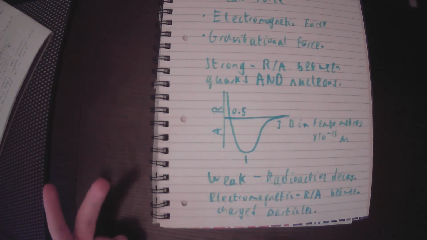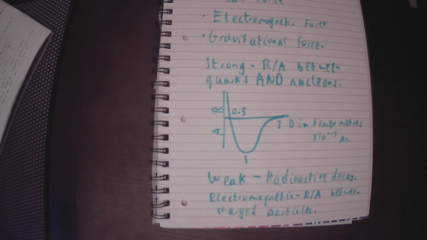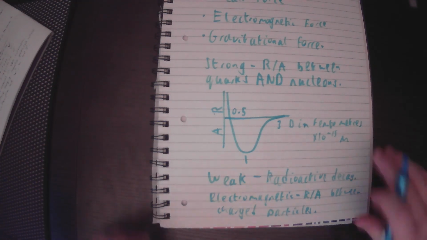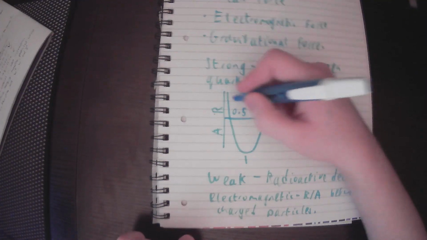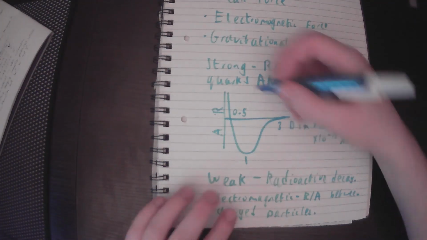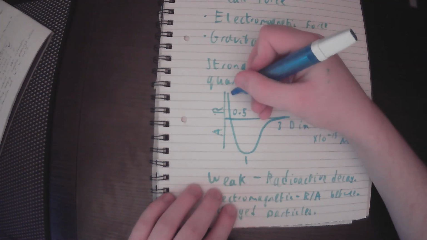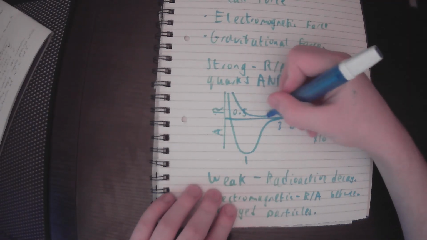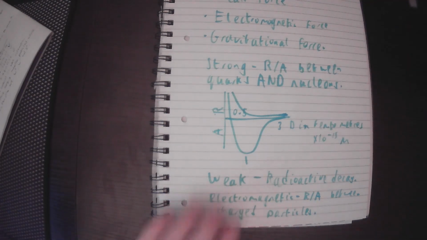Neutrons don't have it, but the quarks inside them do have electromagnetic force. And yeah, so anything with charge experiences the electromagnetic force, and I will demonstrate the electromagnetic force on the same axis. It is going to intersect the 0.5, but oh well.